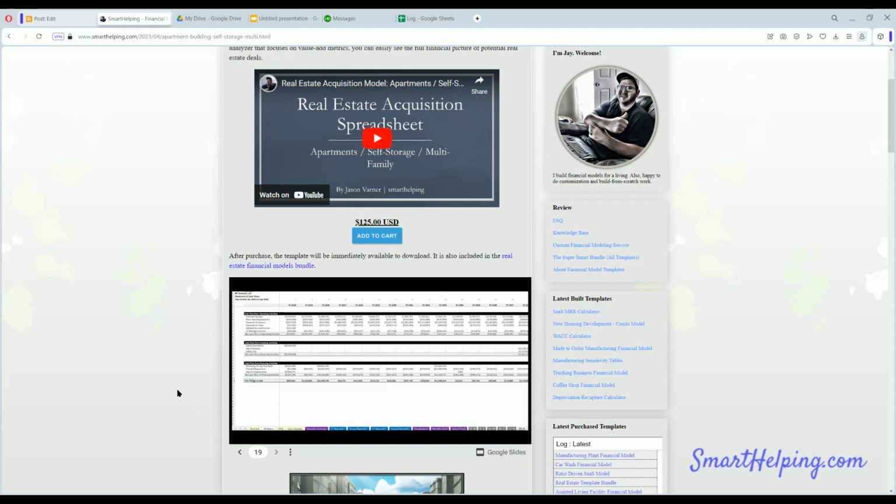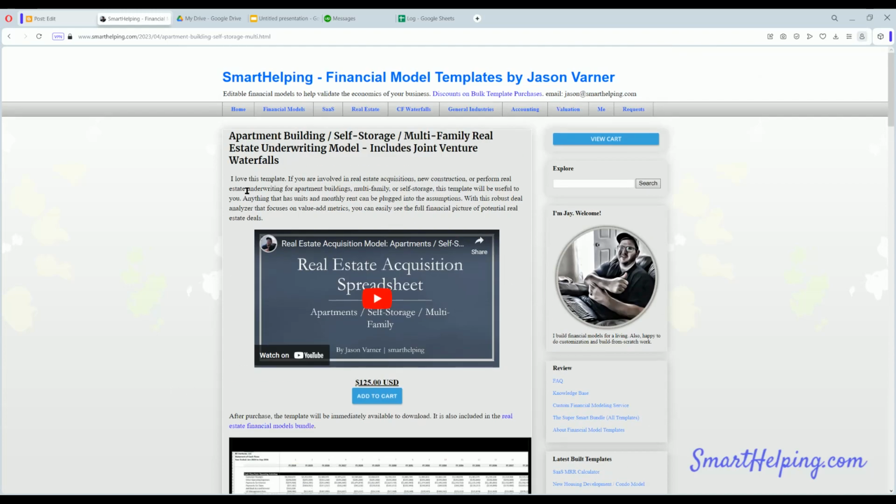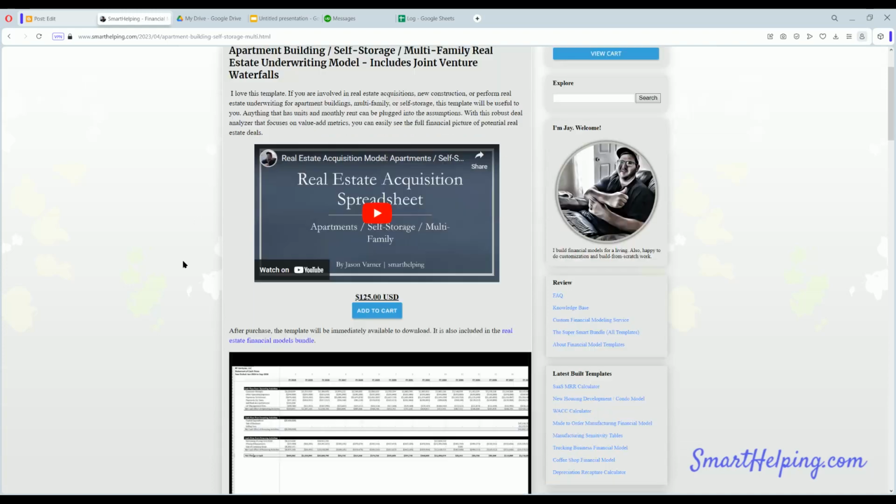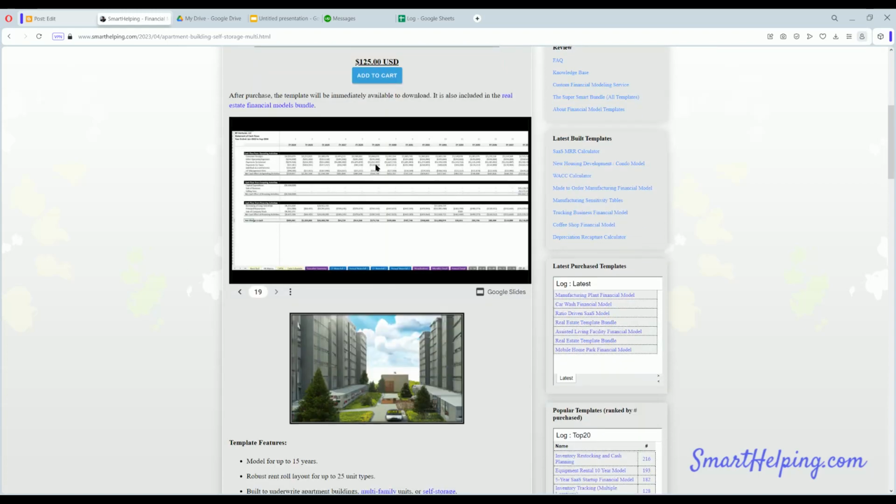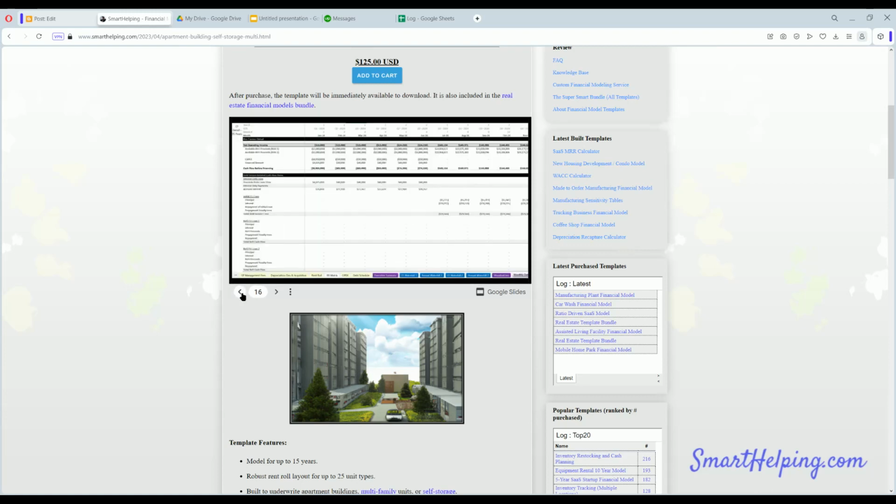I want to do a cost aggregation model. I also want to do a BRRRR real estate scaling model that's essentially looking at buying properties, refinancing, using that cash to buy more properties and scaling that out in a really nice model with really easy inputs. So we've got those two things in the works. But I've been bogged down doing this for all these different templates. I'm about halfway done, so once I get through with that, I'll be more active in building new stuff.